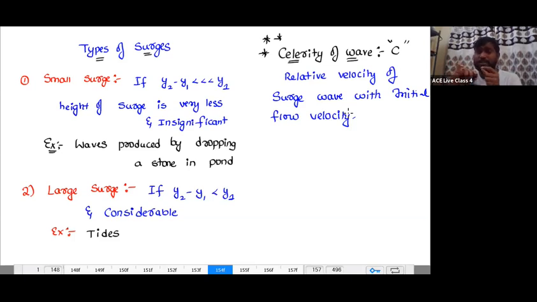Yes, which means the velocity of you relative to the other person is zero, because both the bodies are moving in the same direction. So if two bodies are moving in the same direction, then the relative velocity is going to be the difference of those velocities.